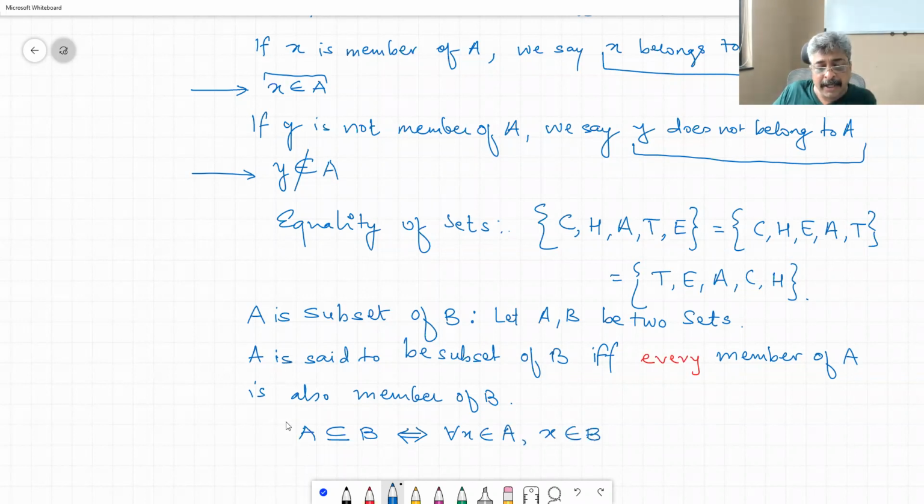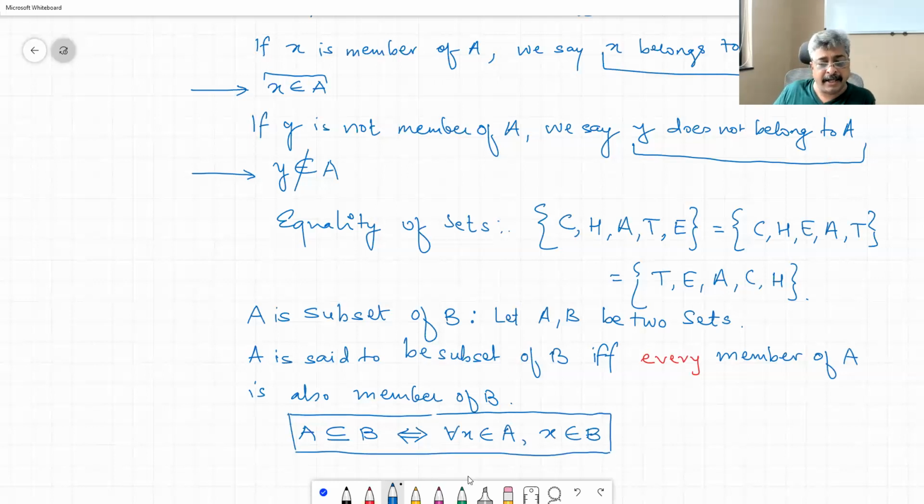Suppose somebody reads this without the background that we had in the last 15 minutes, he's not going to understand anything out of this. But actually it is very simple and everybody should understand, right?